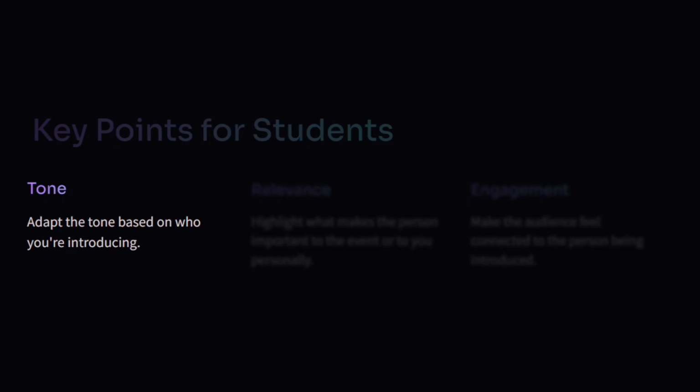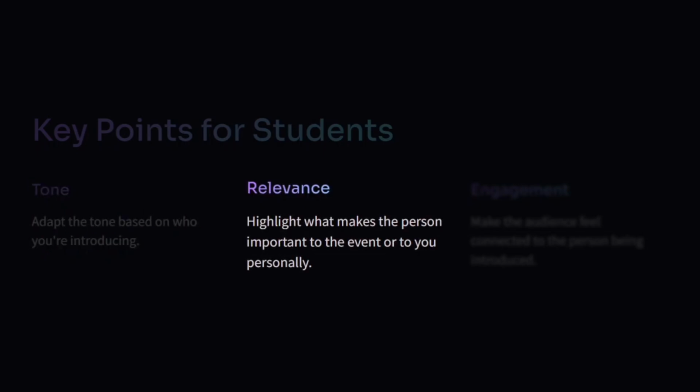And if you are introducing your relatives or your friends, at that time there should be a more close, friendly tone. And then the relevance: you need to mention the highlighting point, how important that person is today. Okay, that thing you need to mention.